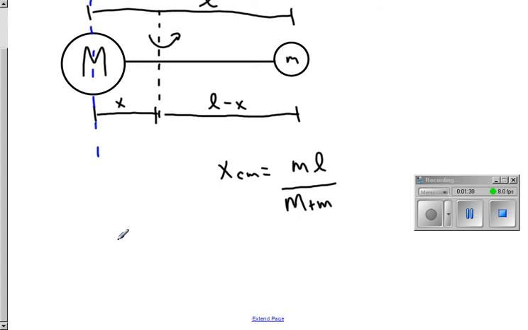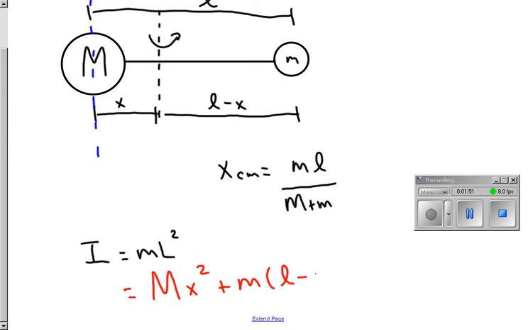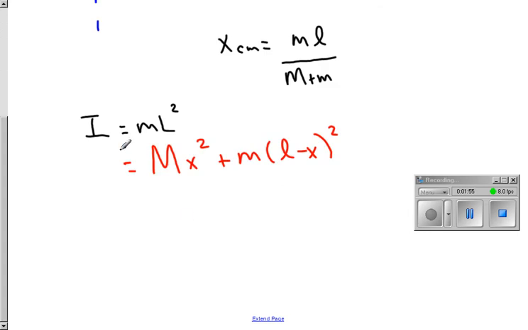A rigid rod rotated about the end in general has moment of inertia equal to mL squared. So in this case we have this capital M at location x, so this would be capital M times x squared. And then on the other side we have a lowercase m, and the distance for that one is (L minus x) squared.